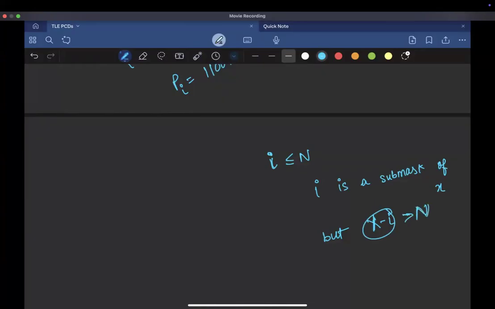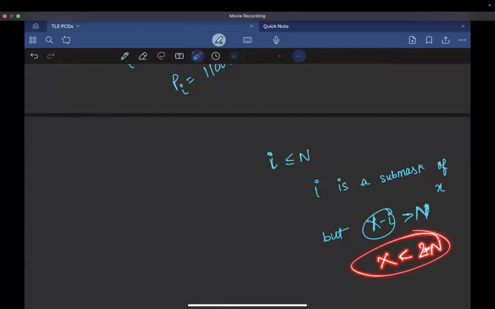This thing might happen a few times because X can be greater than n, X can be as large as 2 into n. So this might cause trouble for you at some places if you don't write this check.